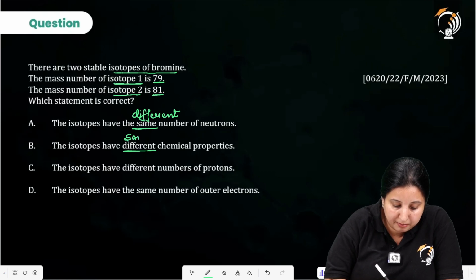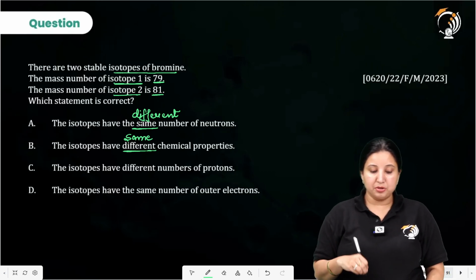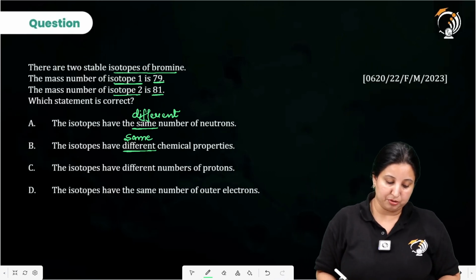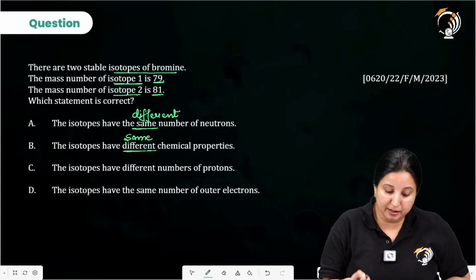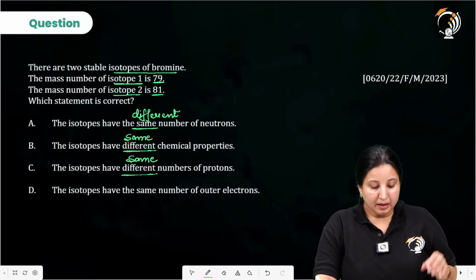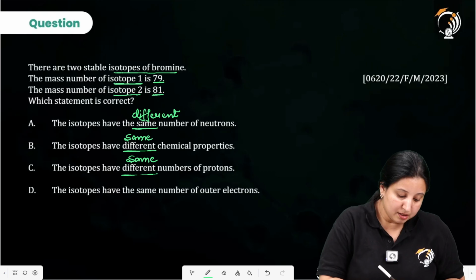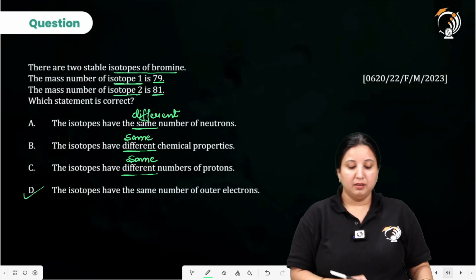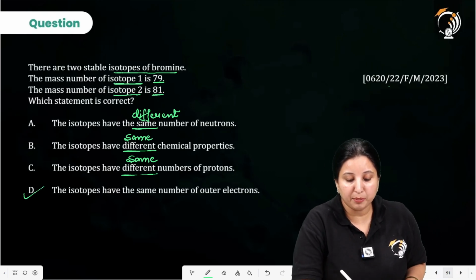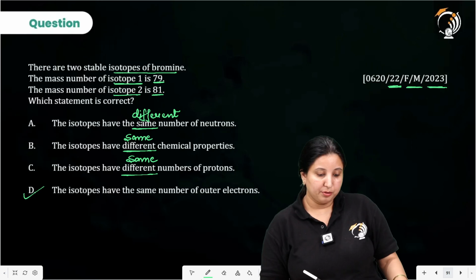They have the same chemical properties because the chemical properties depend on the electrons and they have the same number of electrons. Isotopes have different numbers of protons. This statement is also wrong because they have the same number of protons. Isotopes have the same number of outer electrons. Yes, this is going to be our answer. Now look, this question is from the variant 22, February-March series, year 2023.